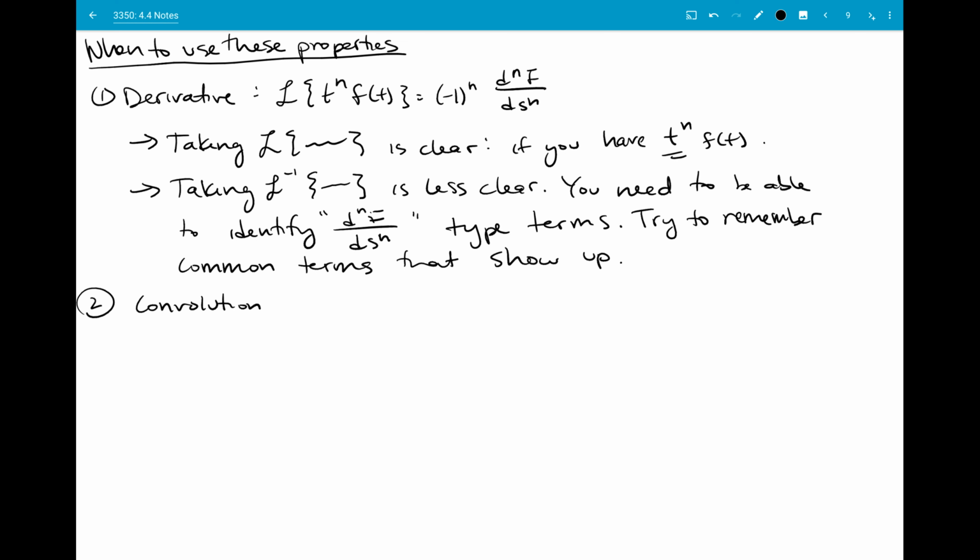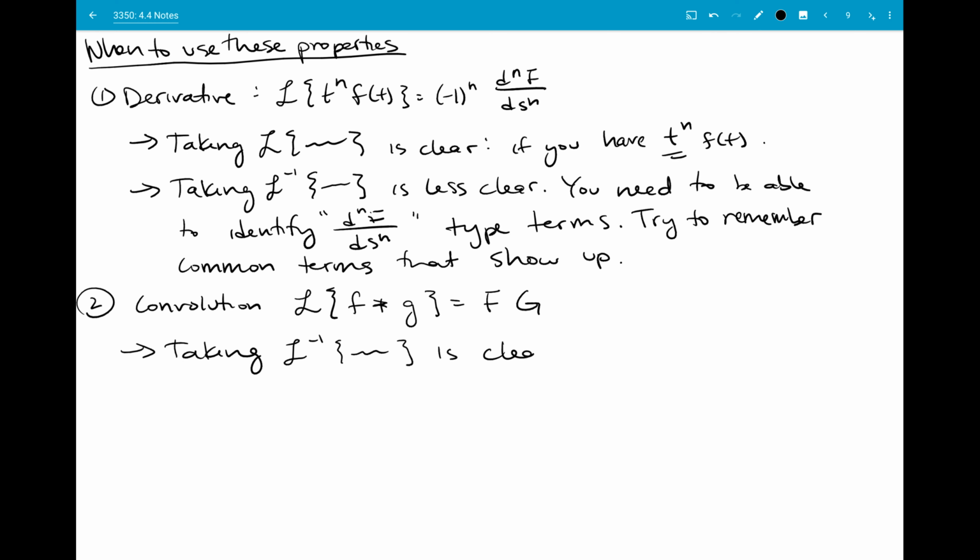The convolution property: L of f star g is equal to capital F times capital G. Taking L inverse is clear but time consuming.